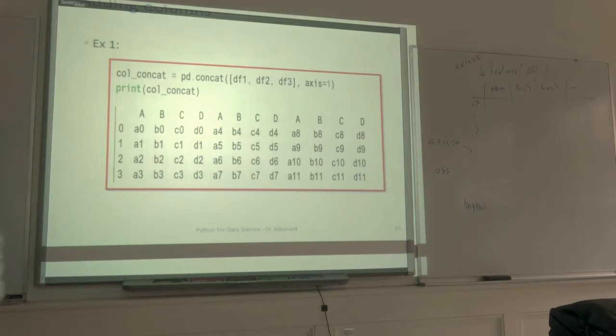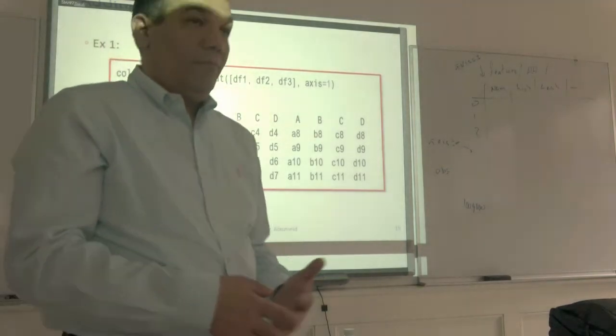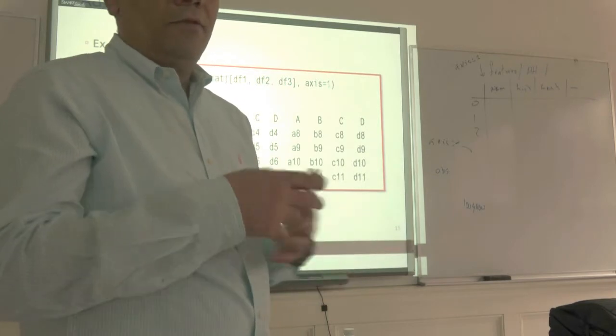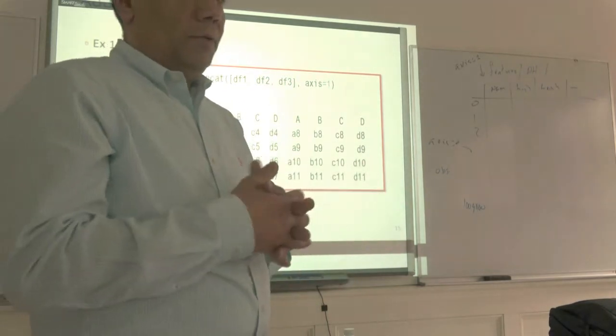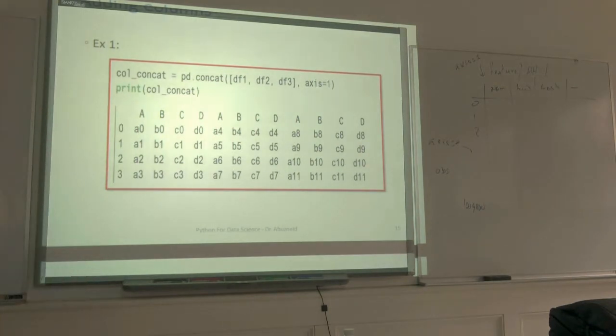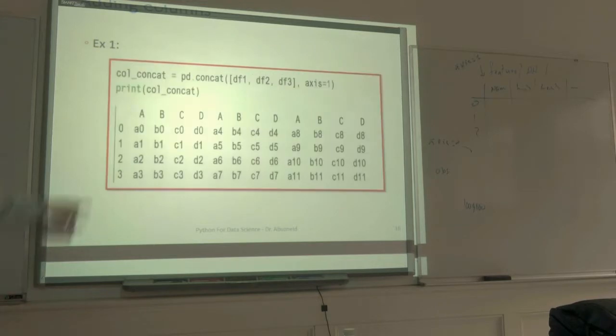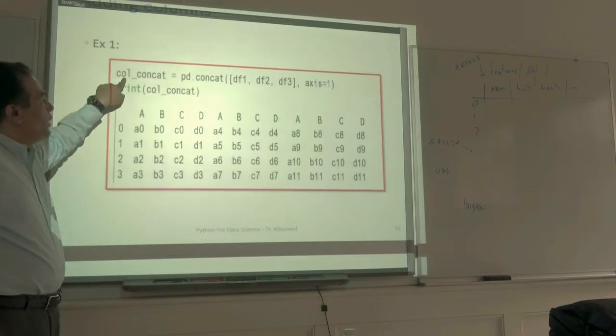Remember, it would be a problem if the size of the data frames is not the same, it could give you a problem. So far these are easy problems. Here, for example, this is the column concat, the data frame we created.